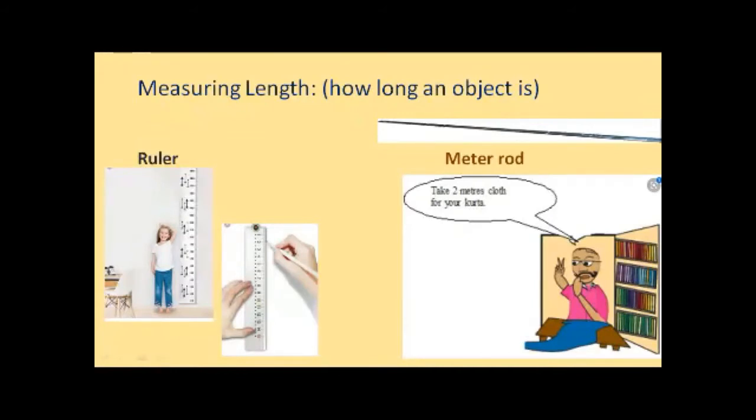A shopkeeper uses a meter rod to measure clothes. Next time when you go to the shopping mall to buy clothes, keep your eye on the shopkeeper and check how he measures your clothes. He would definitely use this meter rod. Got it? So the ruler and the meter rod are used to measure the length.